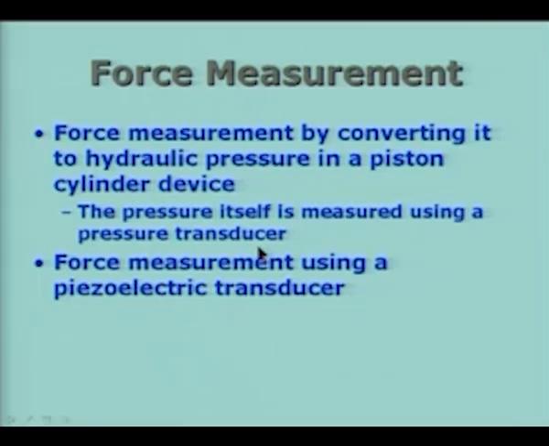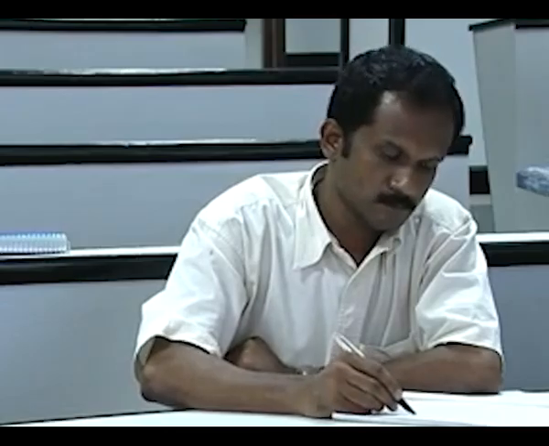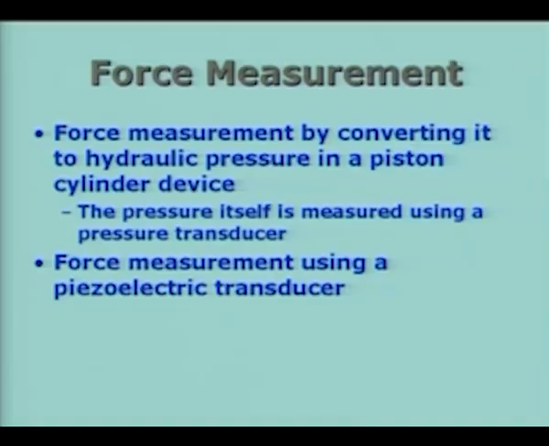Another technique which can be used to measure force is to convert it to hydraulic pressure. If I have a piston cylinder arrangement and I apply a force on the piston, it will increase the pressure of the hydraulic fluid which is filling the cylinder. The force divided by the piston area is going to be the corresponding pressure, and this is the pressure of the hydraulic fluid, which can be measured by using a pressure transducer.